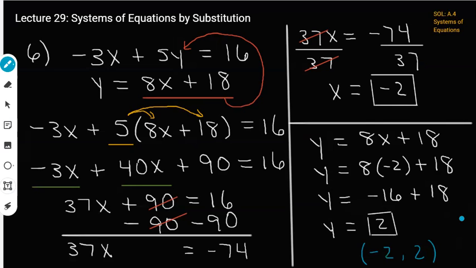So you're only done after you write your ordered pair, -2, +2.